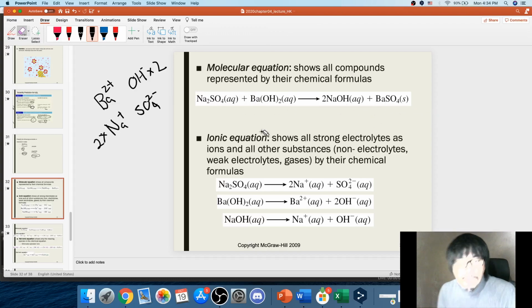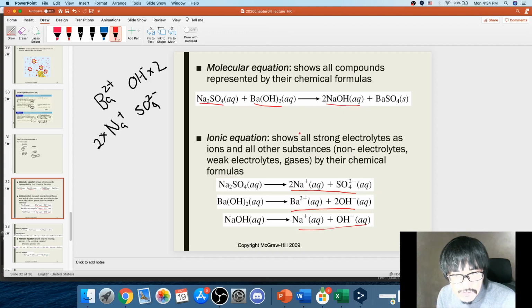Alright. Then for ionic equations, you're going to separate everything. When they are denoted as AQ, you separate every one of those guys. So Na2SO4 becomes that, BaOH2 becomes that, and NaOH becomes this.